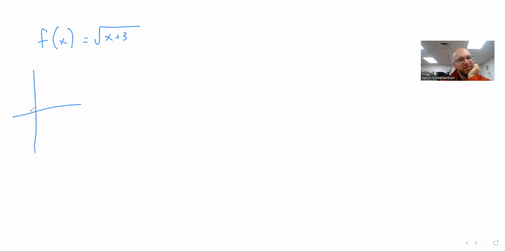And that graph, you can check on your calculator if you need, is a square root that's moved to the left 3. Now, the domain of this is -3 to infinity. The range is 0 to infinity.